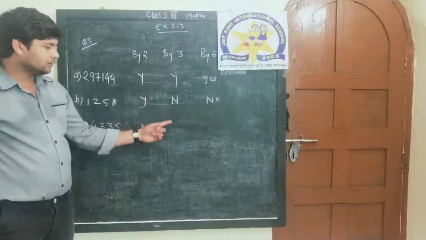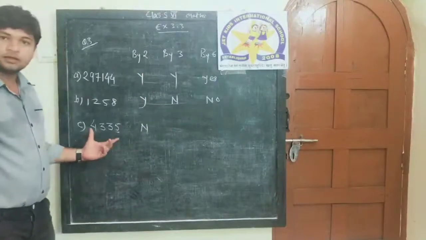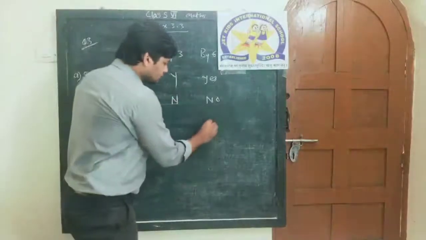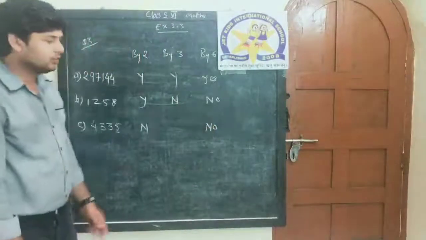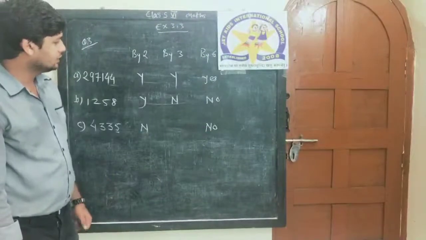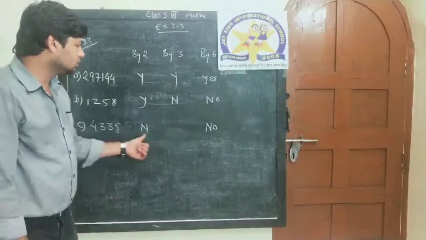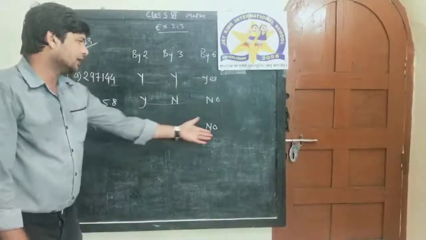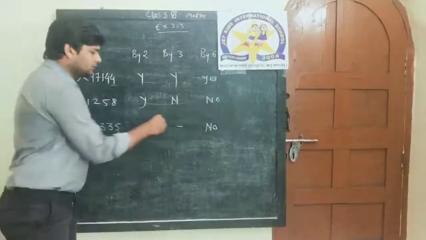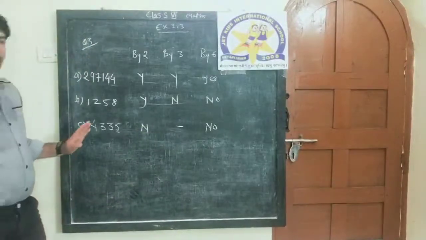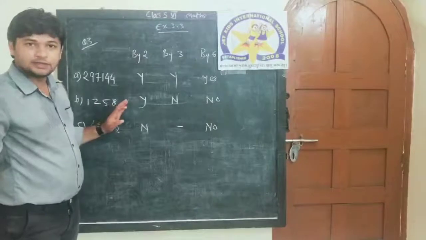So will you find divisibility of 3? No. If you get one no, definitely we won't get the divisibility test of 6, because we want both the yes over here. If we get no, directly write no over here. No need to find out the divisibility test of 3. Clear? Is it clear to all of you?